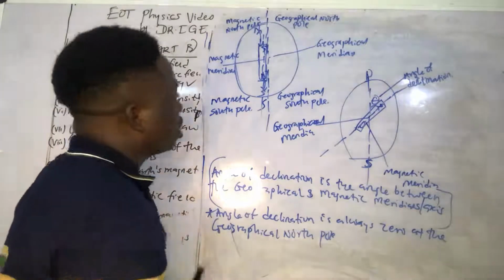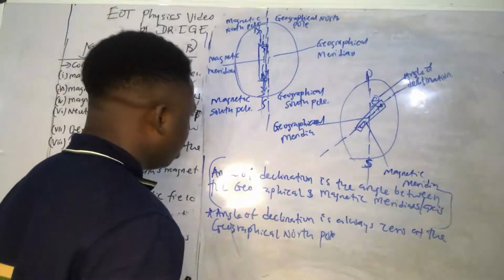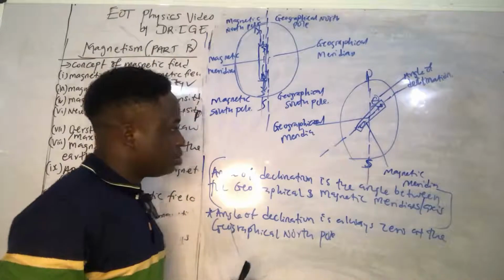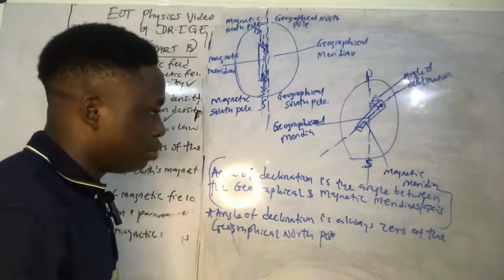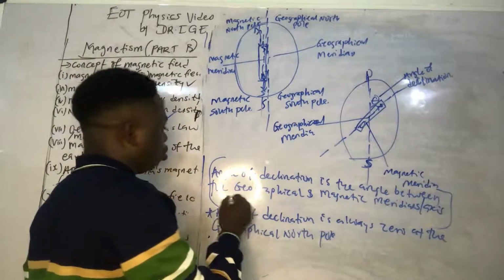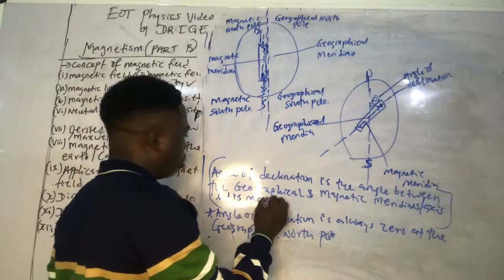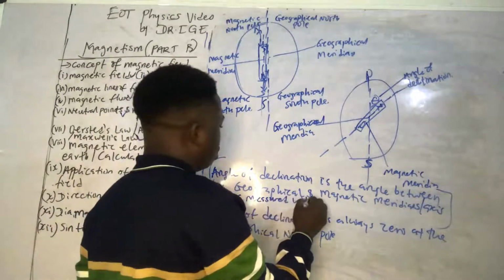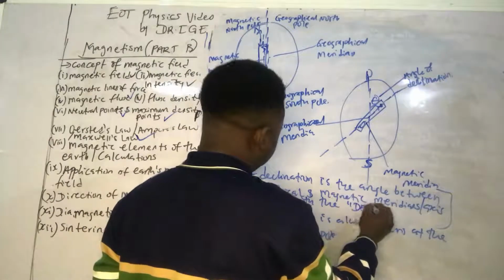Alright, there's something I want to explain now. Okay, so let's recap. Angle of declination is the angle between the geographical and magnetic meridians. Please take note that it is measured with an instrument called the declinometer.